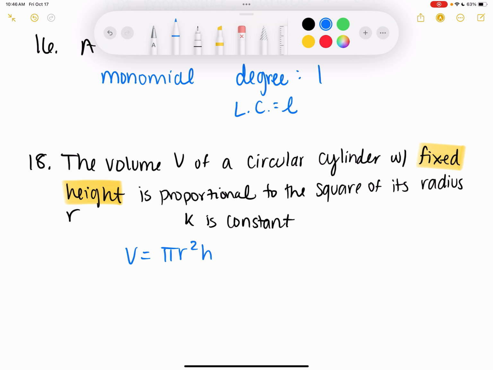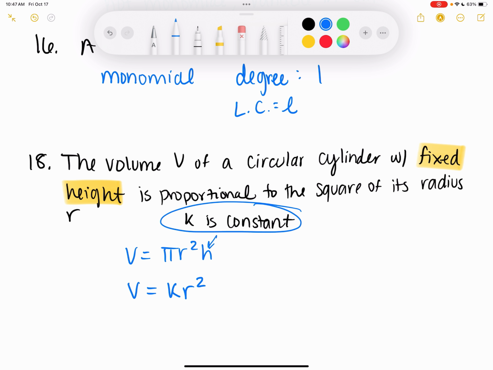Alright, so it's a fixed height, okay, which means that obviously that's our constant value. Now, they want stuff written in terms of K, so all constant values are going to be lumped under K. So this is going to be V equals K times r squared, because h and pi go under this realm of K here.